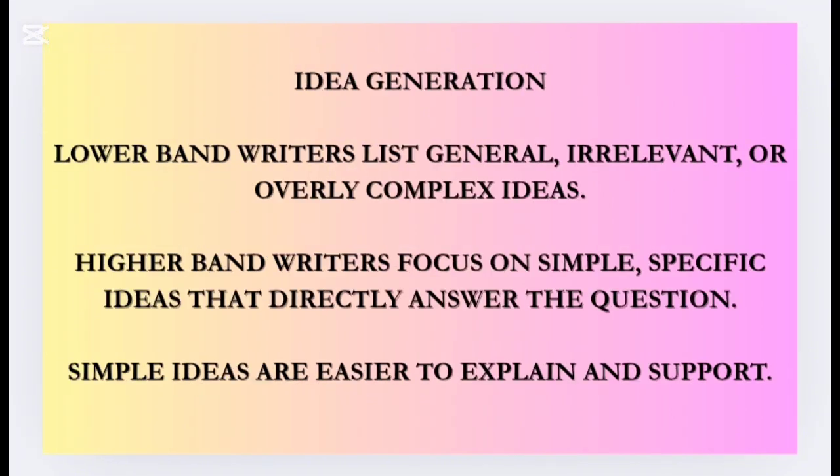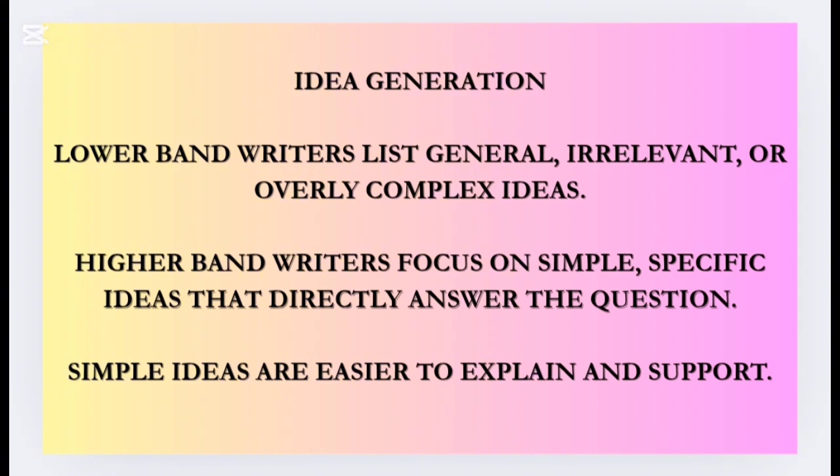Lower band students often write general, irrelevant, or overly complex ideas. Intelligent candidates, like doctors or engineers, often fall into this trap. They think they need to impress with complex arguments, which are harder to explain and support. This leads to unclear writing and poor scores.